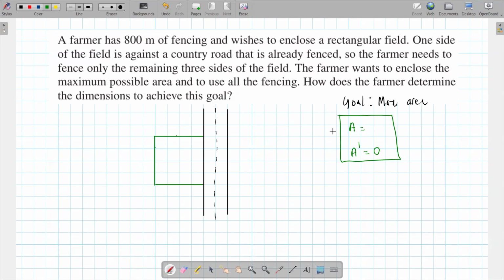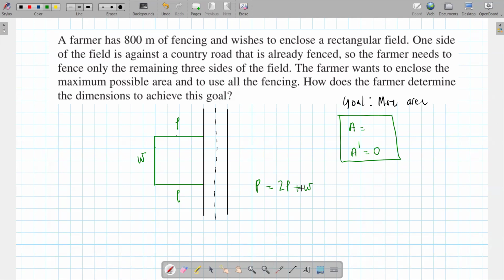All right. Let's say this is length. This would be length. This will be width. What is the perimeter of this rectangle in terms of L and W? 2L plus W. So this is the amount of fencing we need to put up.